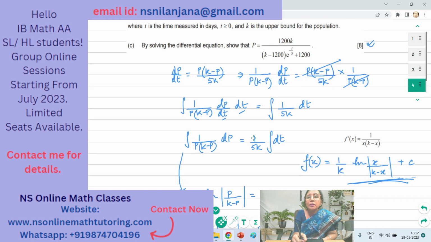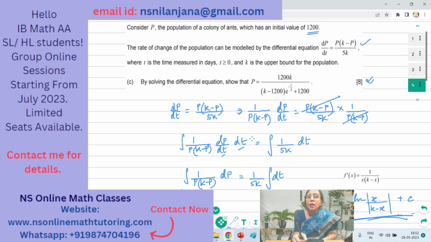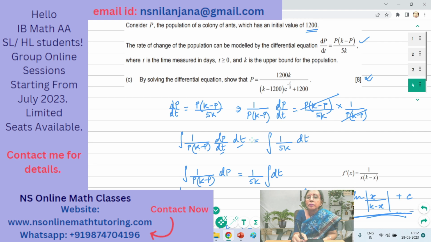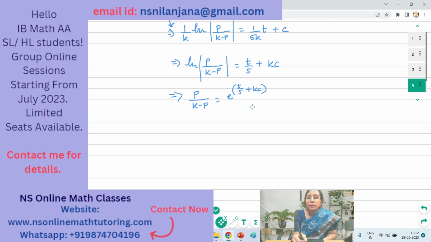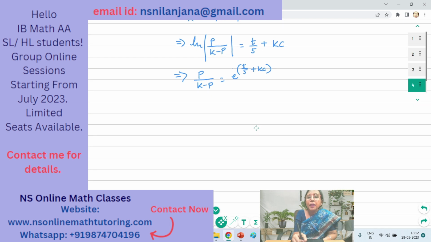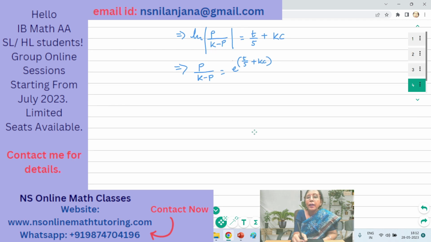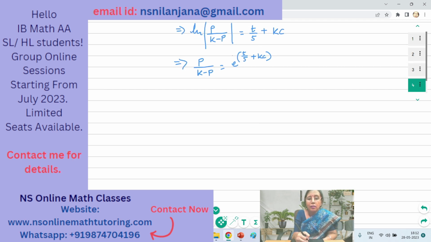Okay, over here 1200 was the initial value. That means when t is equal to 0. Okay, so p is equal to 1200 when t is equal to 0. Fine. So let us do one thing. And we are not having, in fact, e to the power of kc. Okay, let us see what can we do.